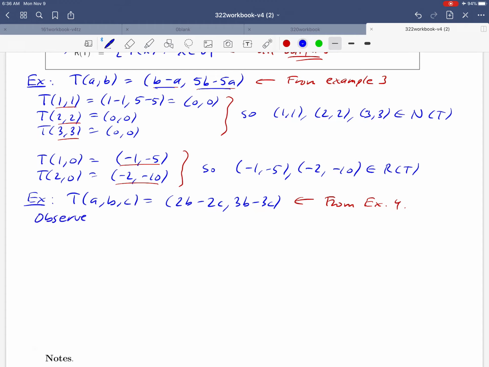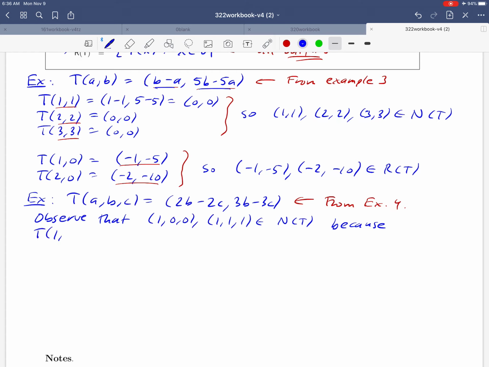Observe that, for example, (1, 0, 0) and (1, 1, 1) are both in the null space of T. Do you believe that? How would we check that? Well, we'd check it by just noting that if you plug either of those ordered triples into T, you get 0 out.